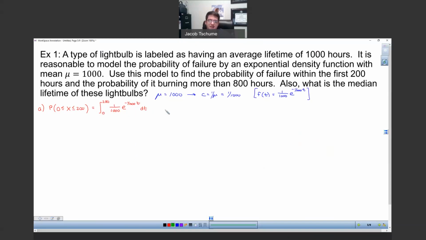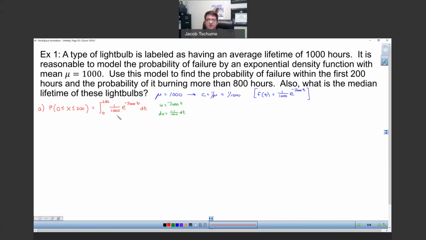Now, one of the neat things here is that these will always be u sub problems, and you're going to always let u equal the power of e. So if u equals that power, I can say du equals negative 1 over 1,000 dt, which will be a direct substitution other than you having to pull a negative out front.